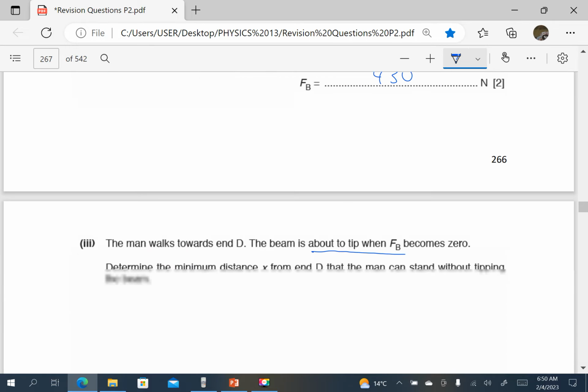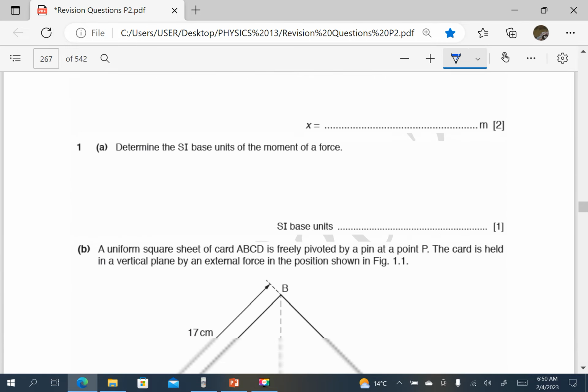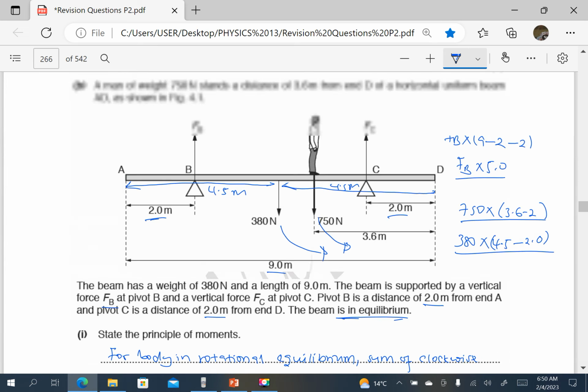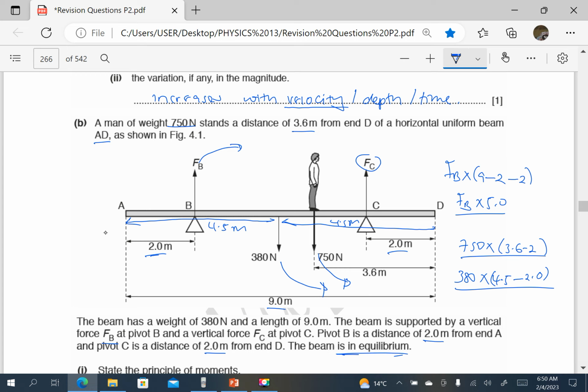Okay? Determine the minimum distance x from end D that the man can stand without tipping the beam. So just repeat the moment, but this time the man is moving towards end D and we want FB to become 0.